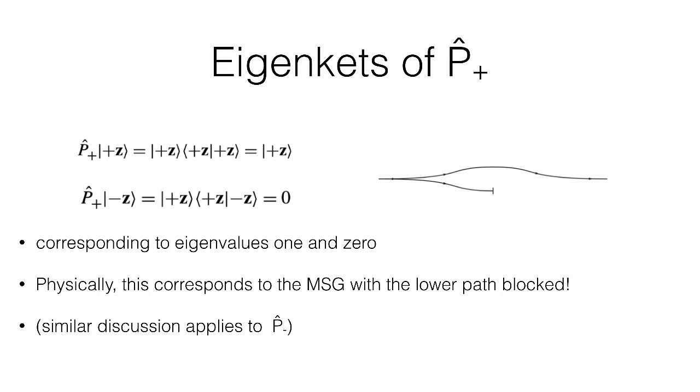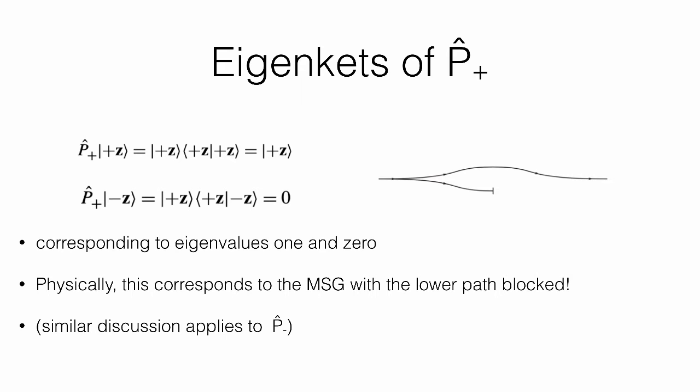Now we have these operators P plus and P minus, and we can think about the eigenkets. Here, all we have to do is remember what an eigenket of an operator is. An eigenket is that ket that when you apply an operator to it, you get another ket that is proportional to the initial ket. So clearly, we see that the two eigenkets for P plus would be the plus z and minus z kets, obviously, because when you apply P plus on plus z, you also get plus z.